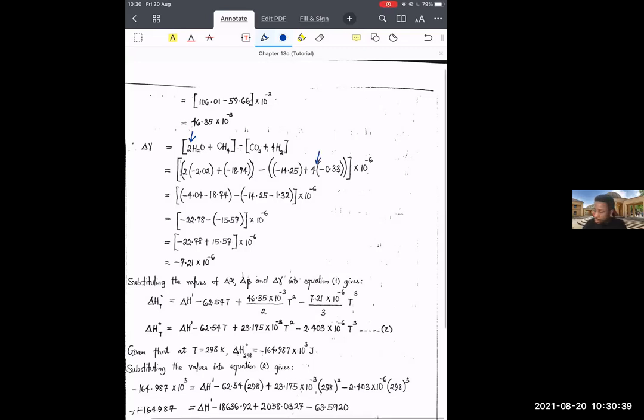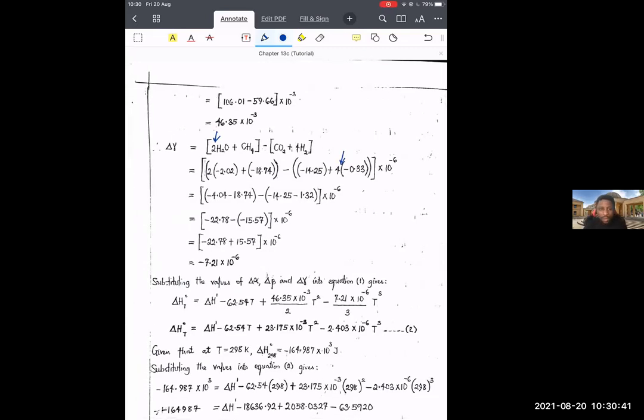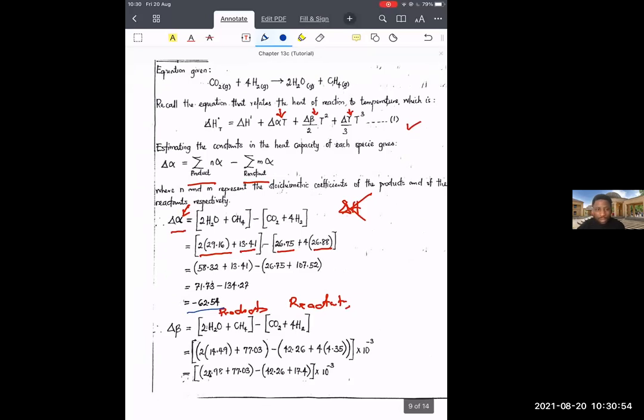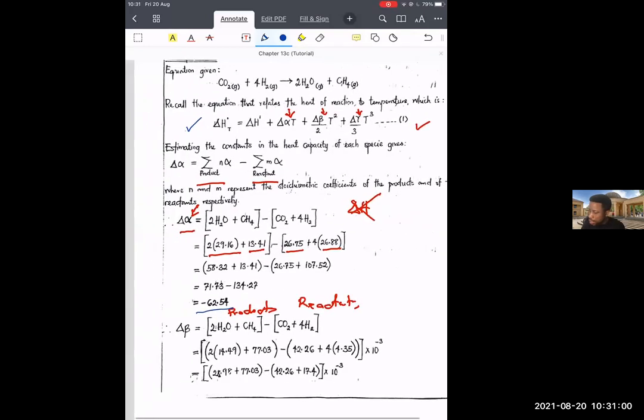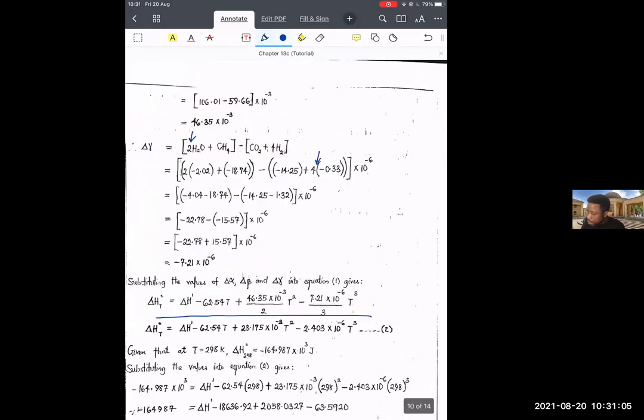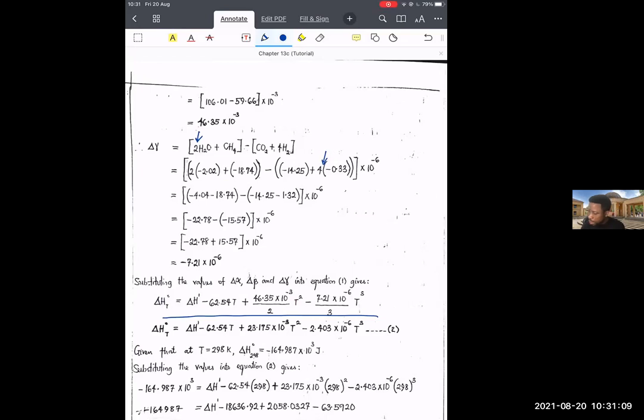I cannot overemphasize that. So now that we have those values, we also have the equation that we've been provided with. So all we need to do now is remember this equation from what we were given in class. So now we just put in our values.